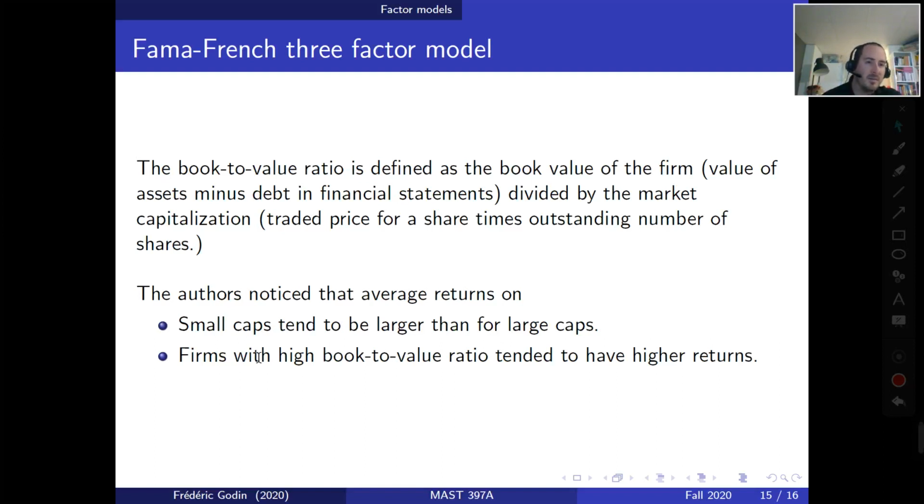More risk means that investors who invest in small caps will expect higher returns to be compensated for the additional risk. So it makes sense that small caps tend to have higher expected returns than larger caps. For this reason, they included this as a factor.